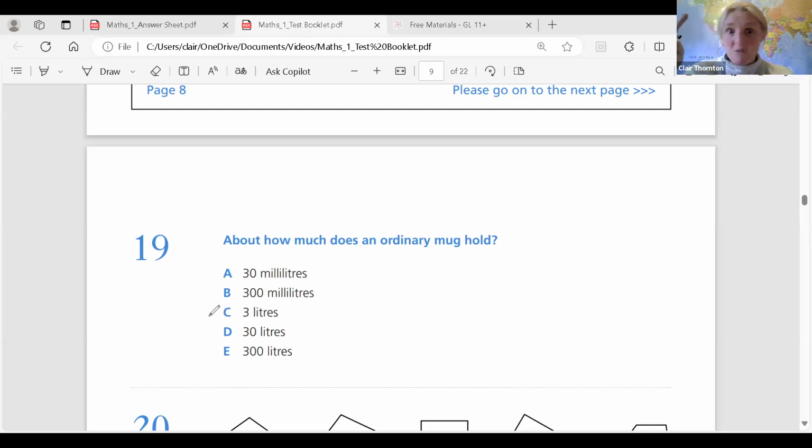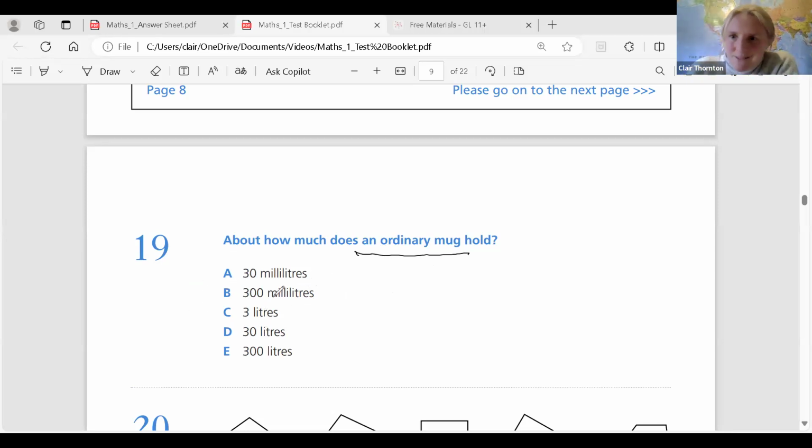I think that might be maybe a litre, maybe slightly less. What I'm being asked to do is an ordinary mug. So you've got to picture an ordinary mug here. If I can't work out exactly what it is, I would always use elimination with every question, but particularly with ones like this.